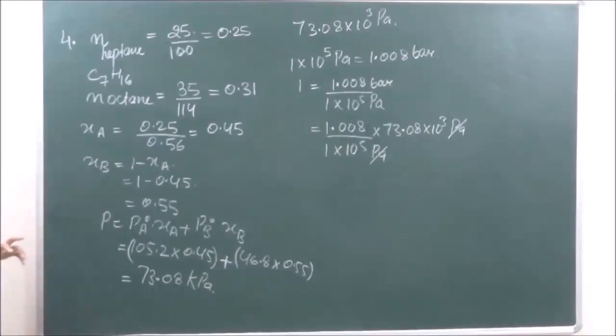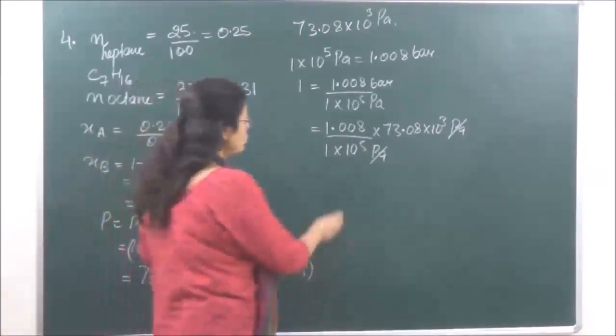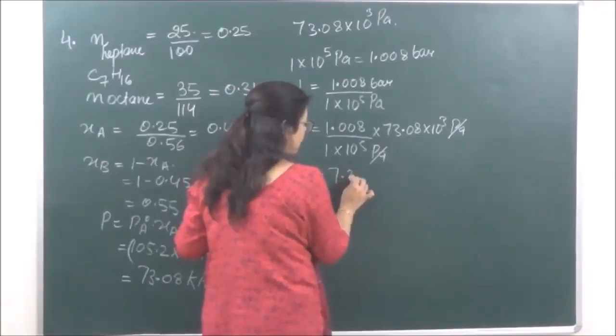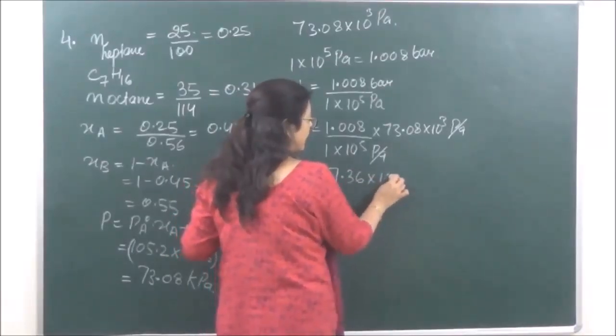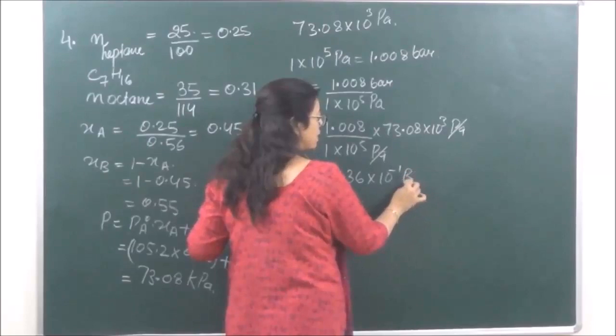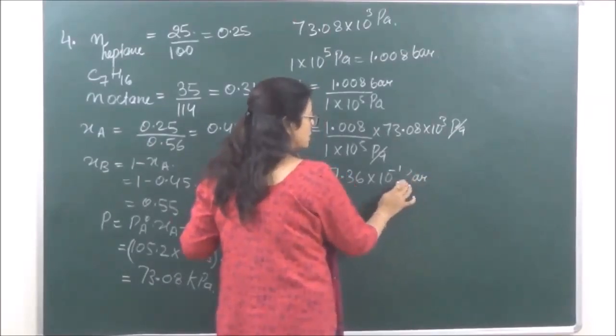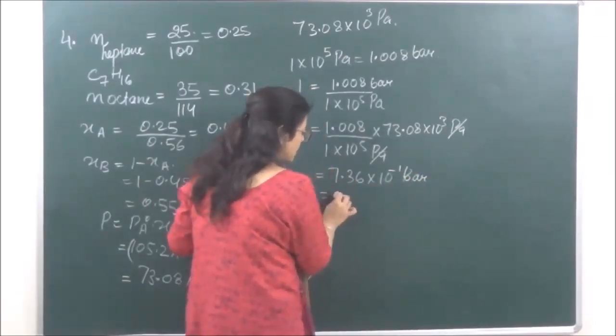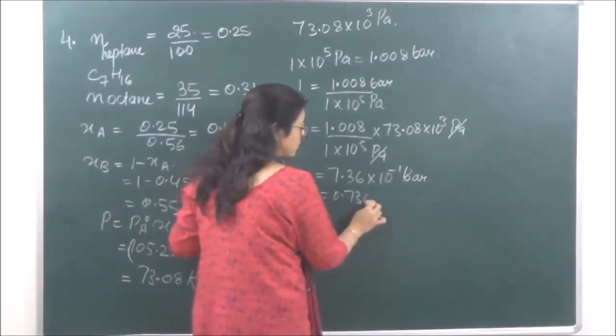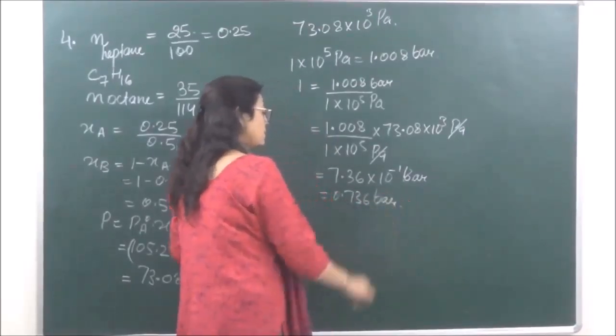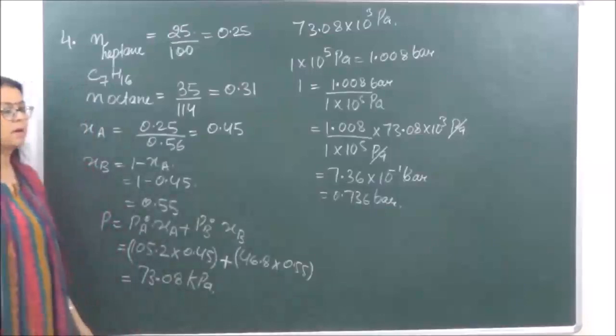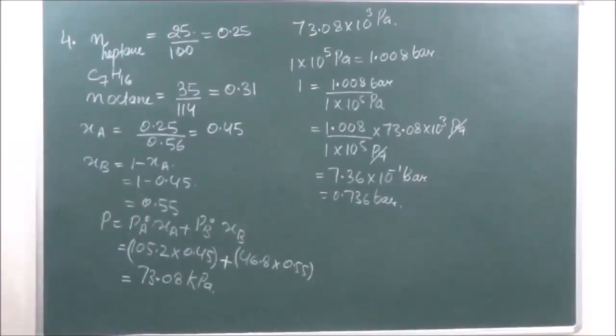So the answer to this comes to 7.36 into 10 raised to power minus 1 bar, or 0.736 bar. Okay? So today we will do only till here.